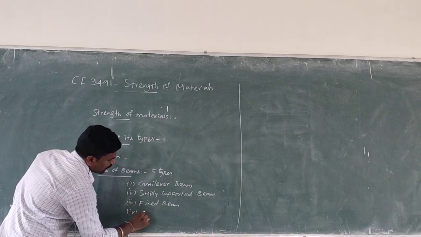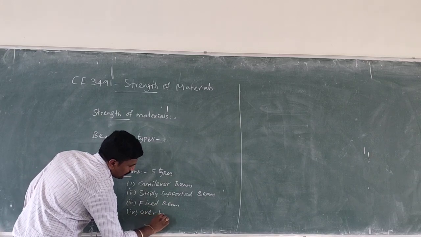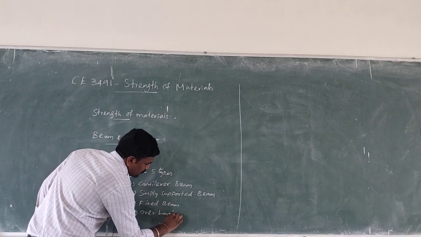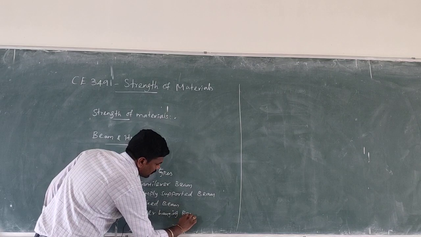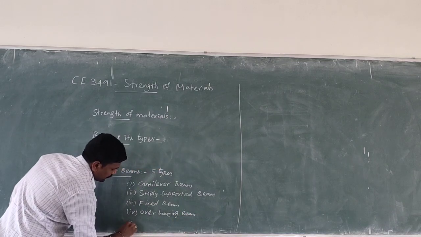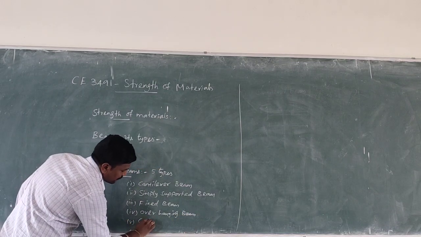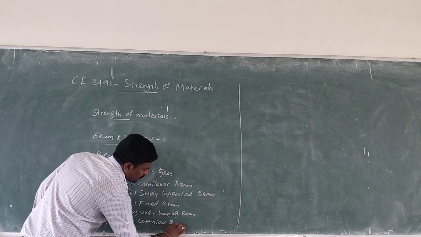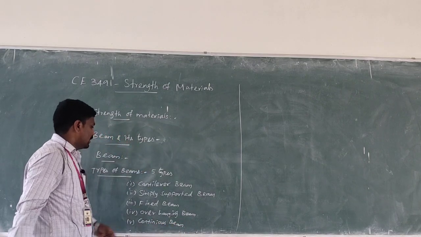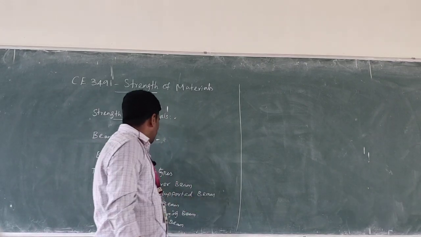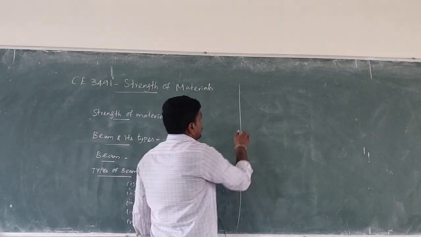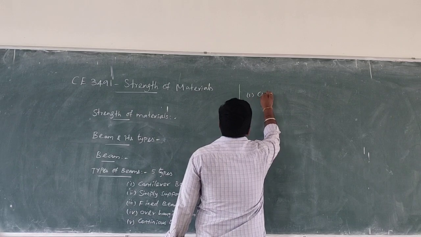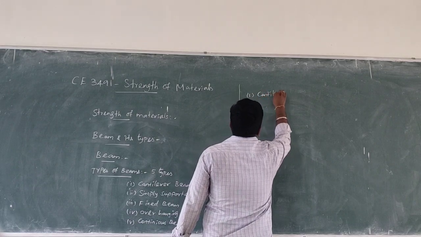Fourth one, overhanging beam. And last one, continuous beam. So here we will discuss them one by one. First one, cantilever beam.